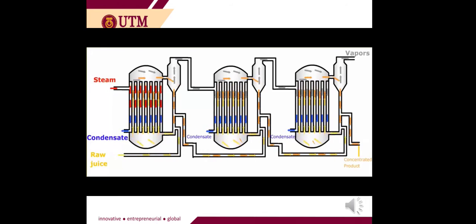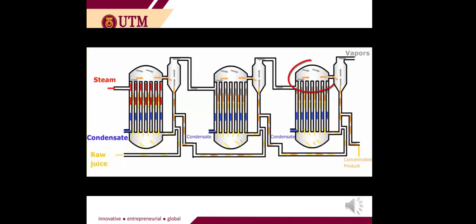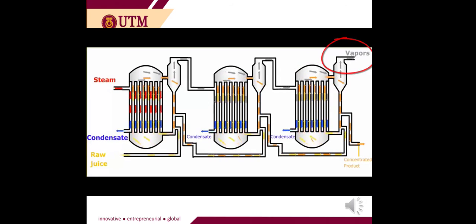The concentrated liquid from the second effect is then fed into the third effect at the bottom of the heating section, and again more vapors will come out at the top, which are then discharged into the atmosphere, and the concentrated product stream leaves on the right hand side from the third effect.